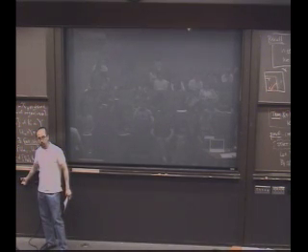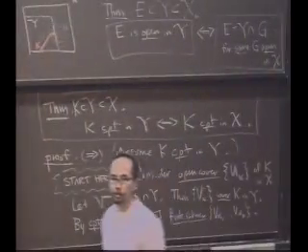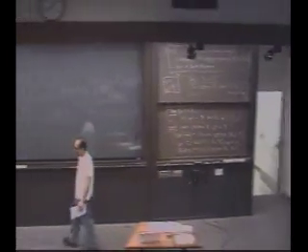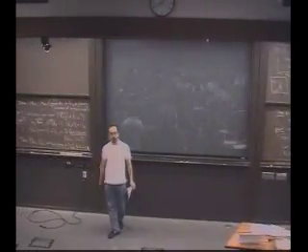Yes, if you change the metric, then all bets are off. That's because we're always thinking of one metric space being embedded in another and inheriting the same metric. Excellent question. If you change the metric, you're actually changing the metric space.